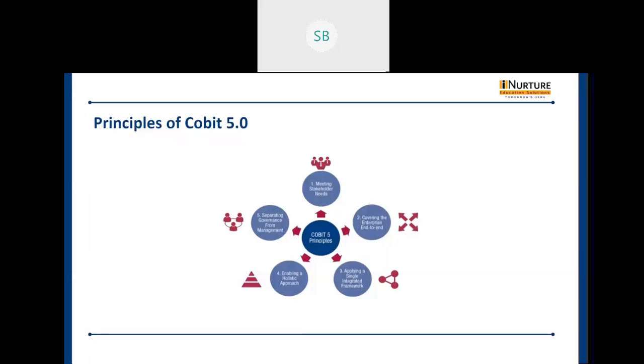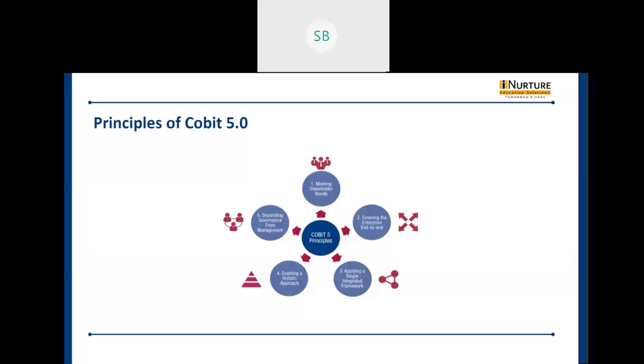Like governance is different, and one of the main principles of this COBIT is to separate governance from the management part. Okay, so you have these principles.